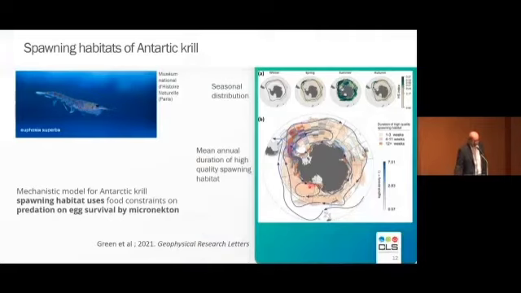We also have a colleague who works on the Antarctic ecosystem. He worked on the Antarctic krill, for instance. By taking into account micronekton as a predator of eggs, he was able to determine the spawning habitat of Antarctic krill, and also to estimate the duration of high quality spawning habitat for this species.